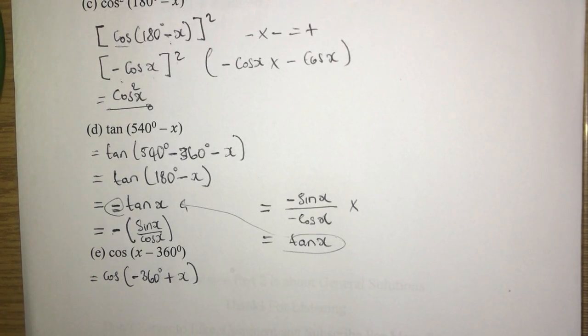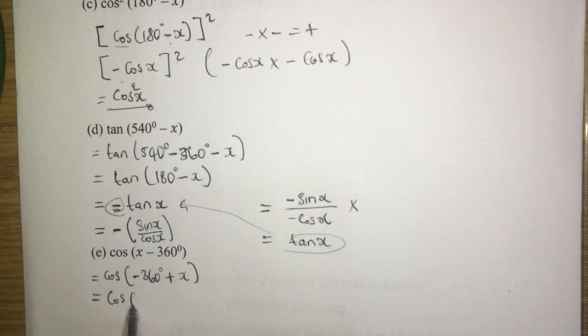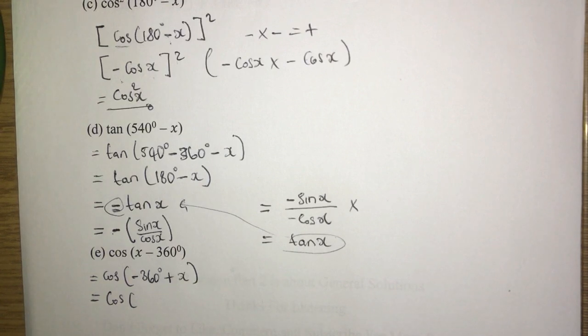Wow, look at that. I have a negative angle. How can I make it a positive angle? By adding 360. All the time when the angle is negative, you must add 360. When the angle is above 360 but is positive, you must reduce it by minusing 360.